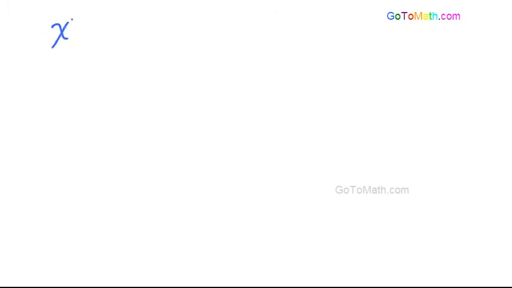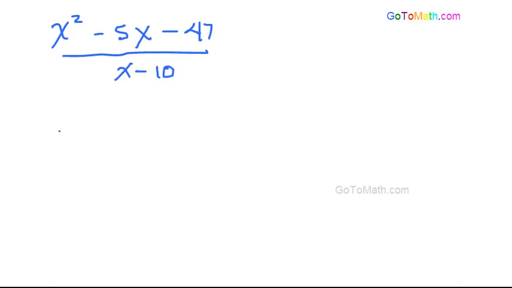So we have x squared minus 5x minus 47, and that's going to be all over x minus 10. X minus 10. So we'll write our divisor over there and then put our dividend under the bar here.